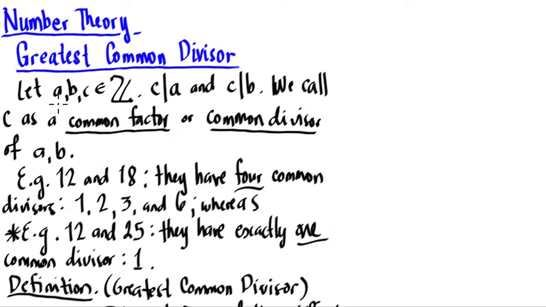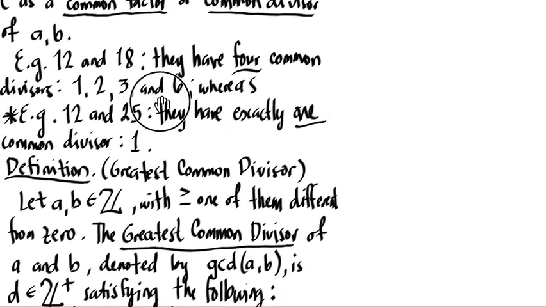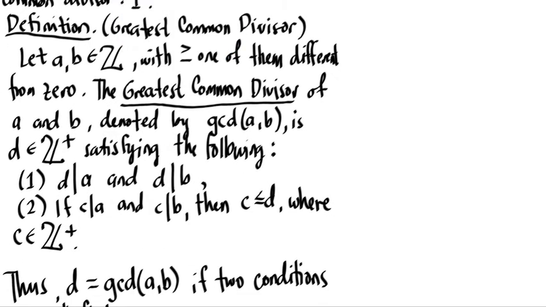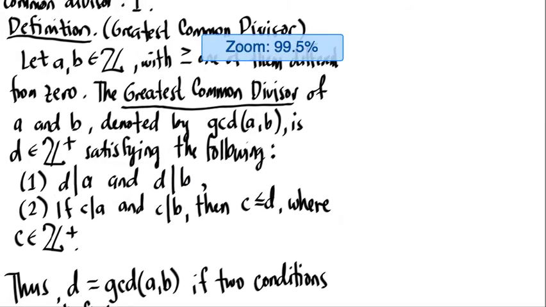So we have three integers, preferably positive. If c divides a and c divides b, we call c a common factor or a common divisor of a and b. We have given examples here of common divisors. We have defined formally what it means when you say that a number is the greatest common divisor.